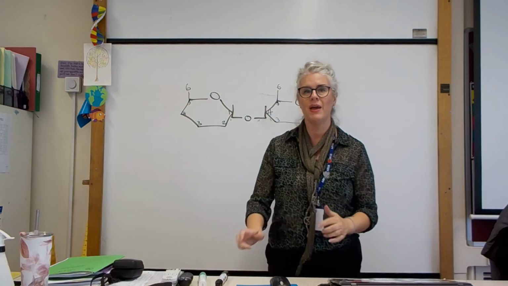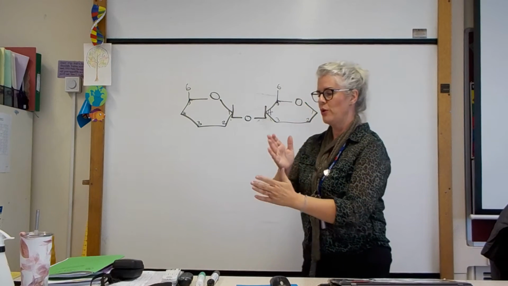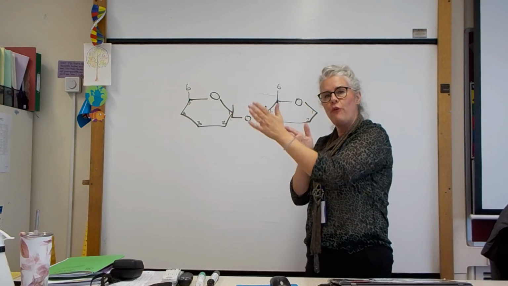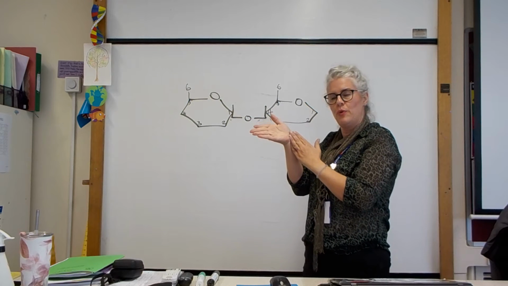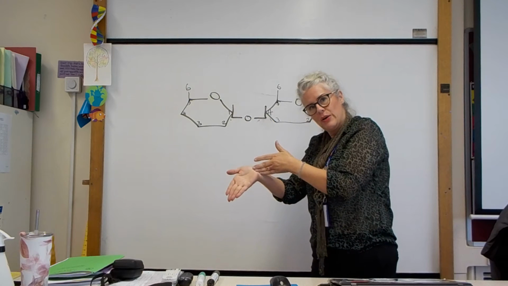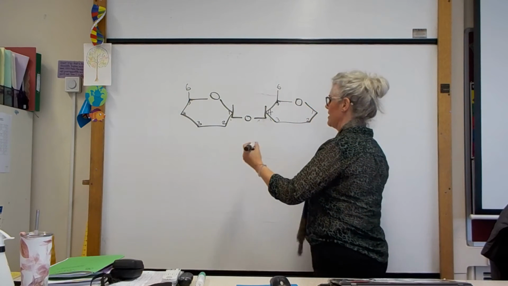Now, when you form amylose, you only have 1,4 glycosidic bonds. When you put these glucoses together, they can't form a nice straight line. They kind of get knocked out slightly, and then when you add the next one, it gets knocked out slightly, and the next one is knocked out a little bit more. And so you end up forming this helix.